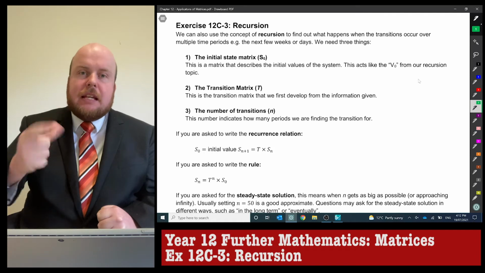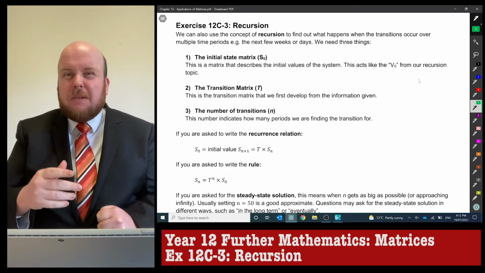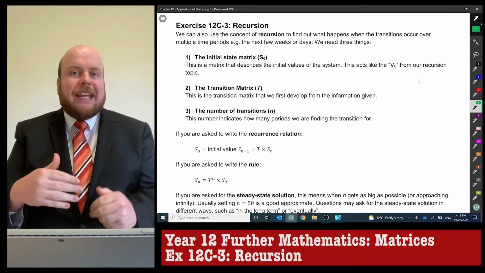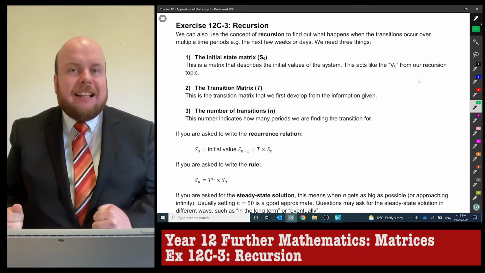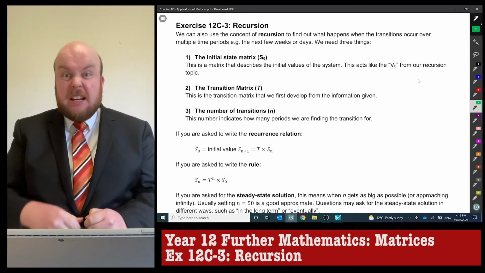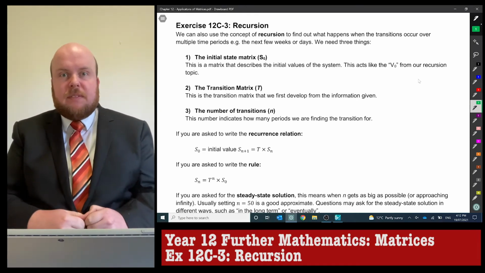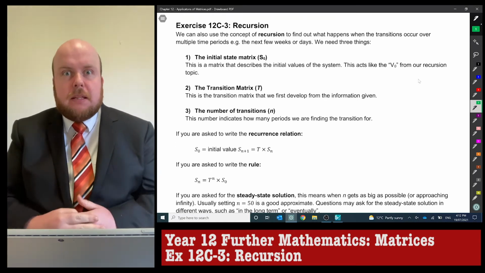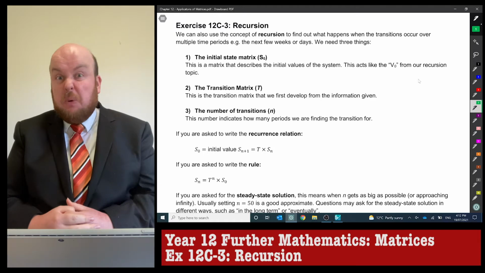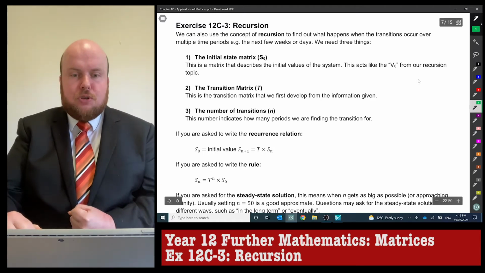In other words, when the decimals stop changing, and you'll see what I mean when we get to that. As soon as we get to the point where the multiplications do not change the final answer, that's the steady state solution. In my personal opinion, I usually just make n equals 50 and bang, that's always going to be the final answer. So that's my short and quick way of getting a steady state solution.